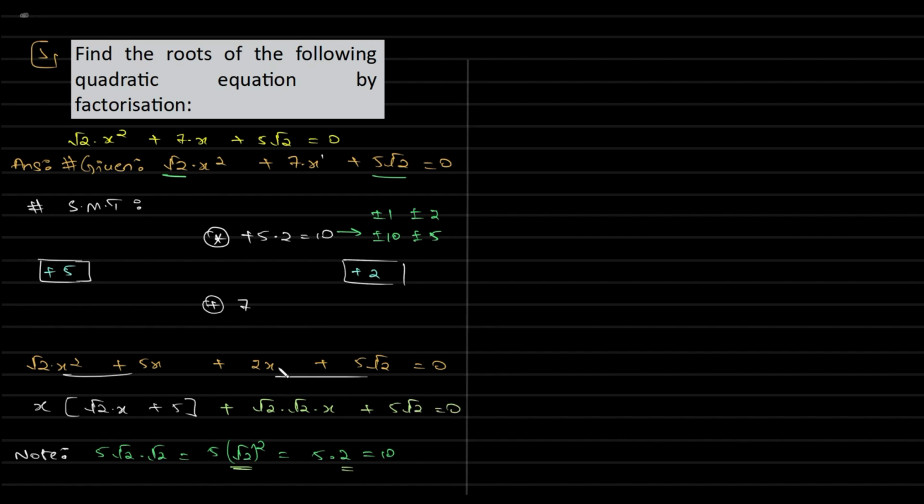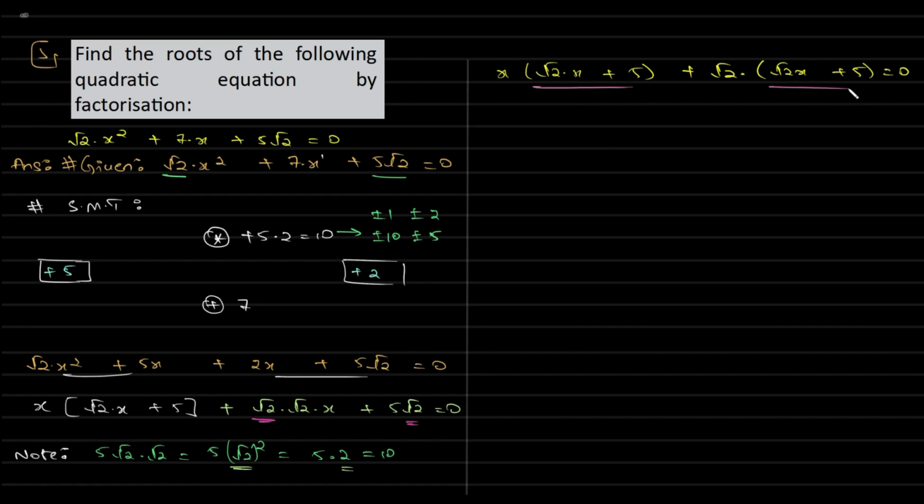Now can you have a look and tell what is common? Root 2 is common. So your answer will be x times root 2 x plus 5, plus root 2 is common, so we have root 2 x plus 5 is equal to 0.